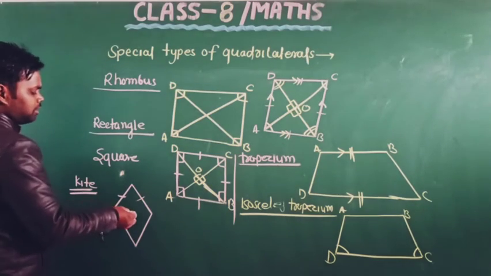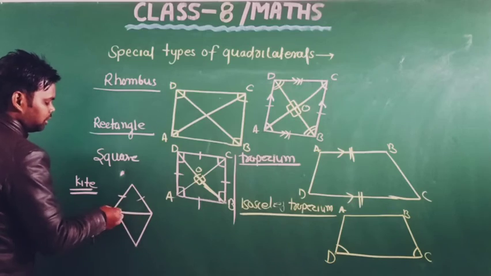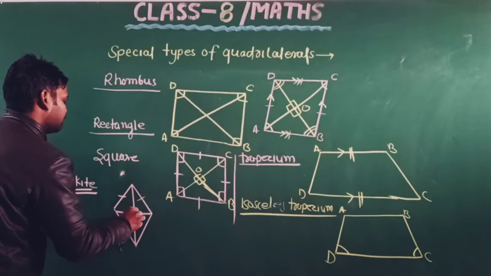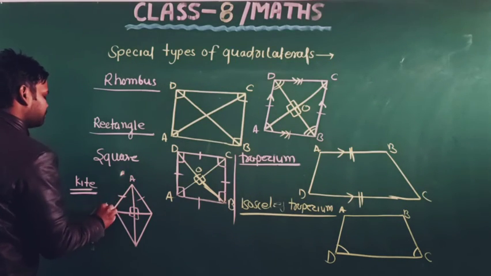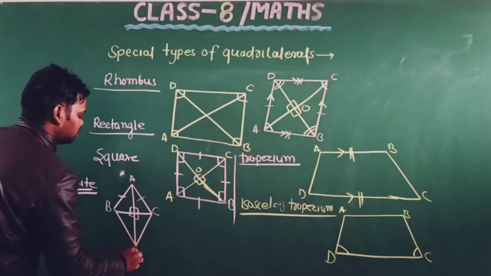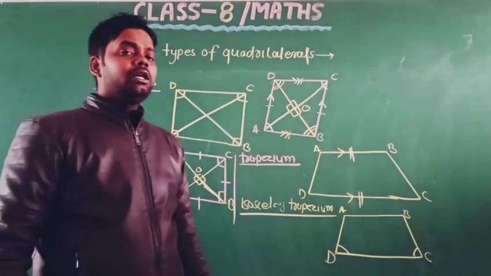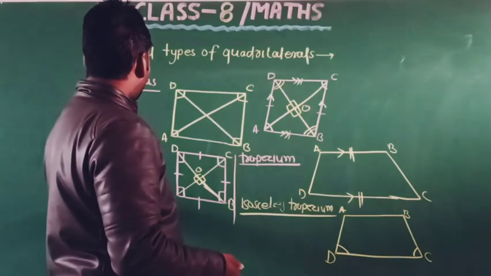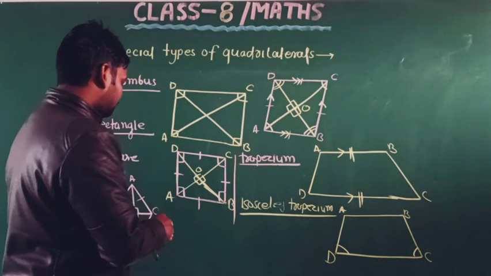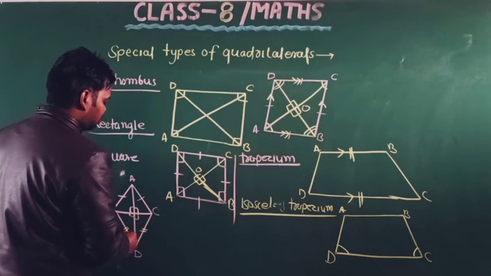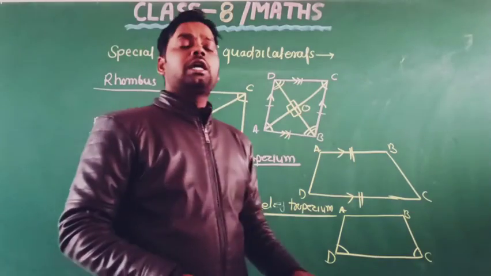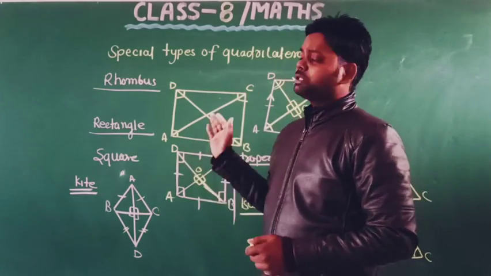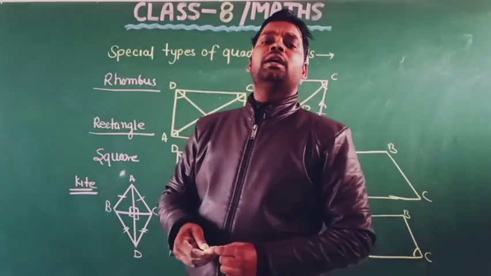So the figure of a kite looks like this. Its diagonals bisect each other at 90 degrees. Here we have a 90 degree angle. A quadrilateral is called a kite if pairs of adjacent sides are equal, and its diagonals are perpendicular. So these are some special types of quadrilateral and their properties.